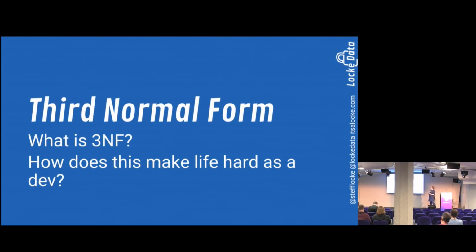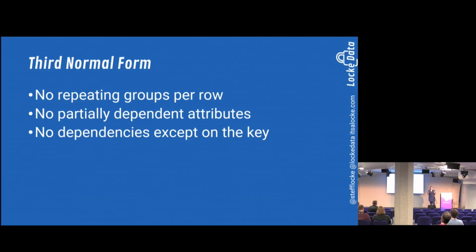So drilling into third normal form, the definition of third normal form: no repeating groups per row, no partially dependent attributes, and no dependencies except on the key. Of course, that requires a whole lot of background. So instead of doing more of the complicated database modeling terminology, I thought we'd work through an example.